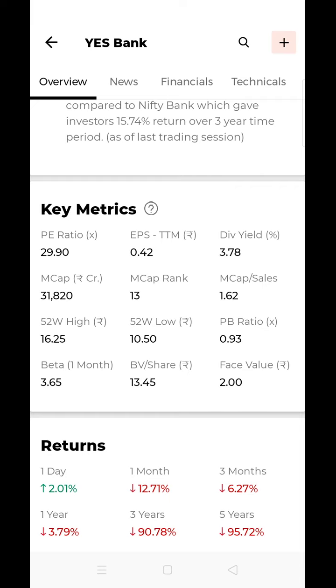The thing is, if the market believes that there will be growth going forward in the coming quarters, in the coming 2 3 years, it tends to give a higher valuation to the stock. So Yes Bank is costly right now. The market is already factoring in good growth, but if the growth doesn't come, it is likely to get punished.